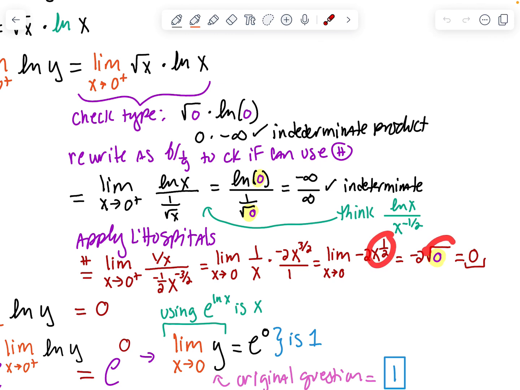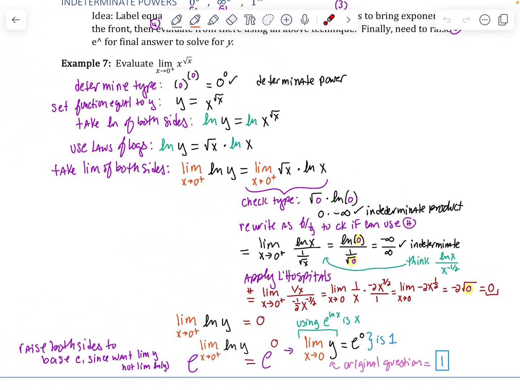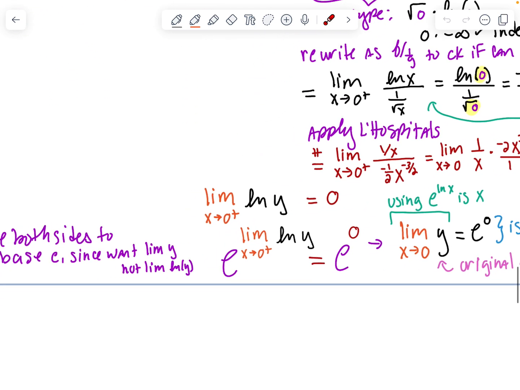Knowing that the 1/2 power is really the square root, I get 0. Okay, so where does all this tie back? We just said that the limit of the natural log of y is equal to this limit we worked on the right, but we found that that equals 0.